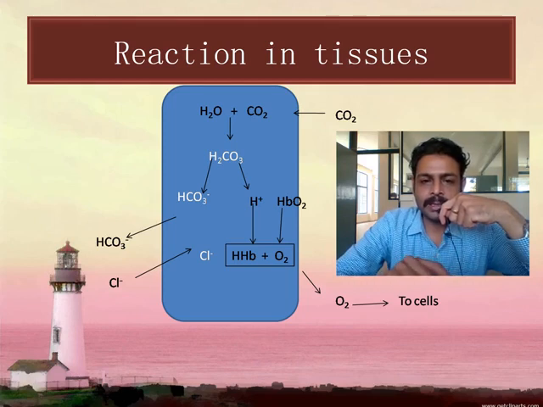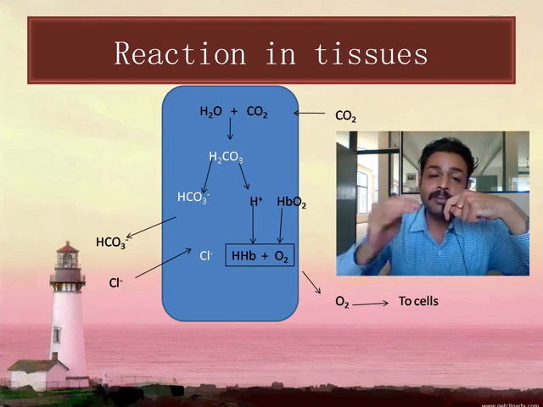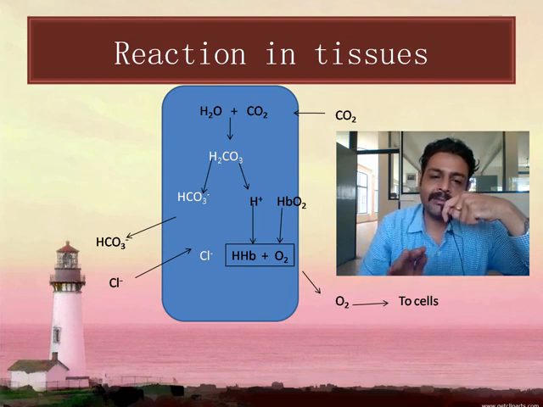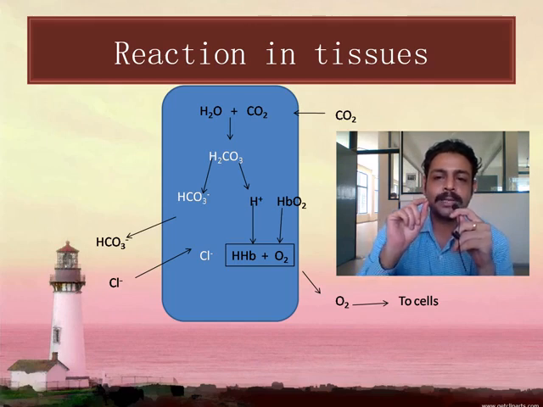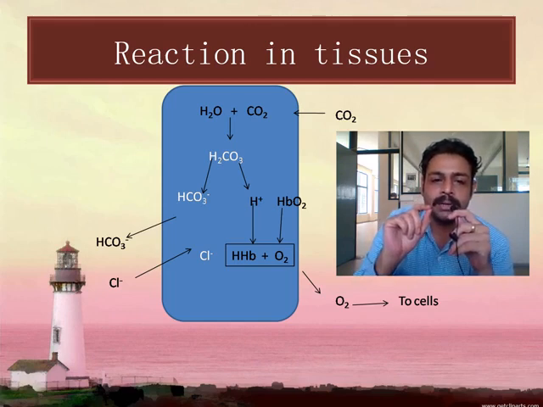This H plus combines with, see, where is the RBC coming from? The RBC is coming from the lungs. So in the lungs, it takes up the oxygen. So in the hemoglobin, oxygen is there as HbO2. So these H plus ions join with HbO2 so that it becomes HHb.